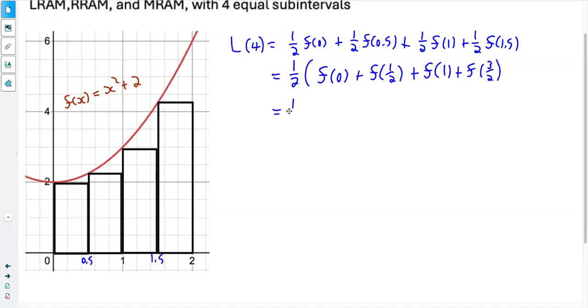So for example, for f of 0, we're just plugging 0 into this equation, and that gives us 2. Then same thing, plug 1/2 into this equation, and we have 9/4. Plug 1 into this equation, and we get 3. And then plug 3/2 into this equation, and that gives us 17/4.